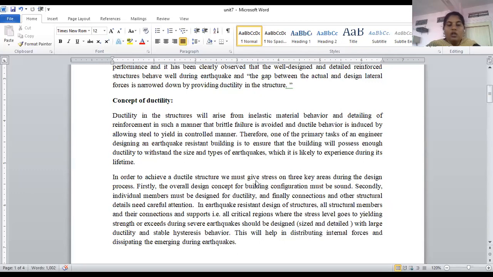Next one. In order to achieve a ductile structure, we must give stress on three key areas during the design process.